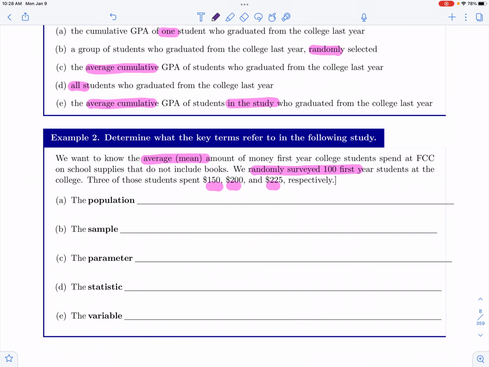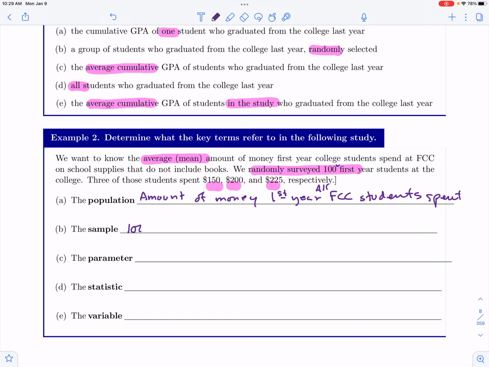So our population for this is going to be all FCC's first-year college students and how much money they spent. I'm going to put all in here just to emphasize that this is the whole entire population. So our sample is just going to be those 100 that we surveyed.